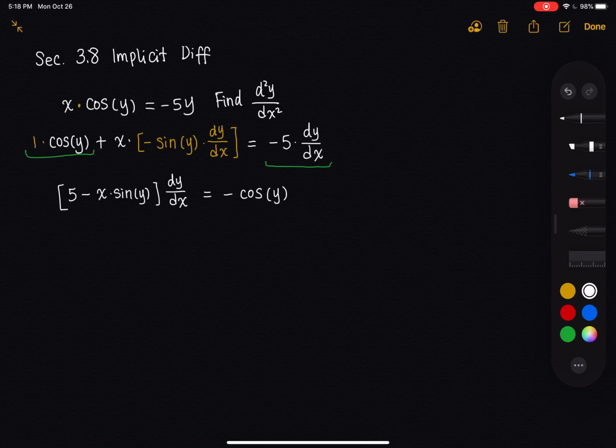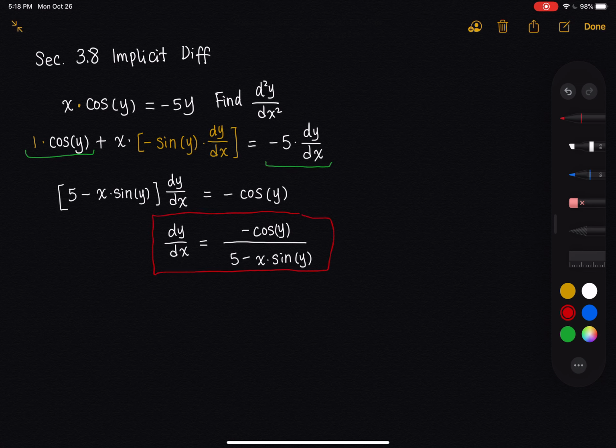Now we solve for dy over dx. We will get negative cosine of y over 5 minus x times sine of y. You need to keep note of this expression because we'll need to use it again when we take the derivative implicitly. We will gain a factor of dy over dx on the right hand side.